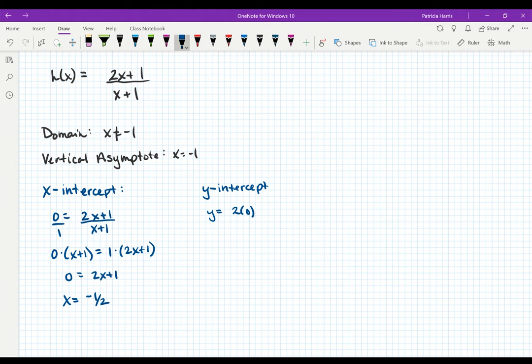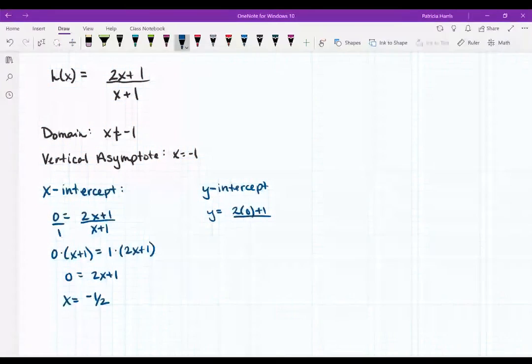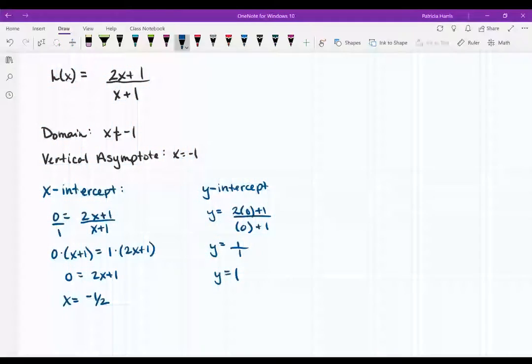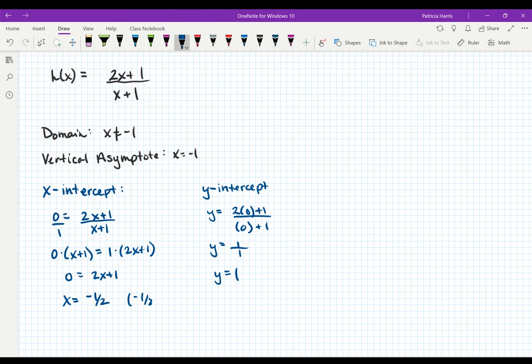Remember, when you find your y-intercept, you set the x equal to 0. So your y-intercept is 1. So I have -1/2 comma 0 for my x-intercept, and then 0, 1 for my y-intercept.